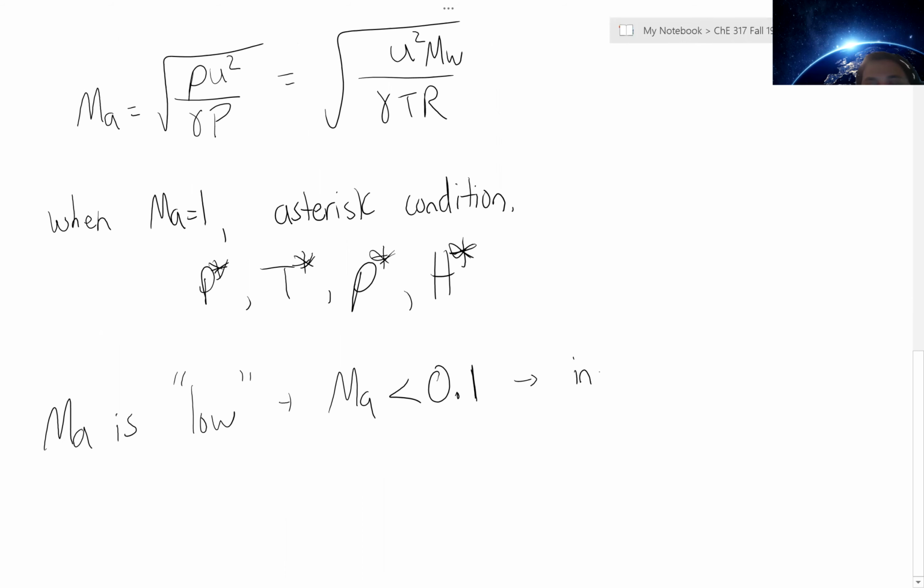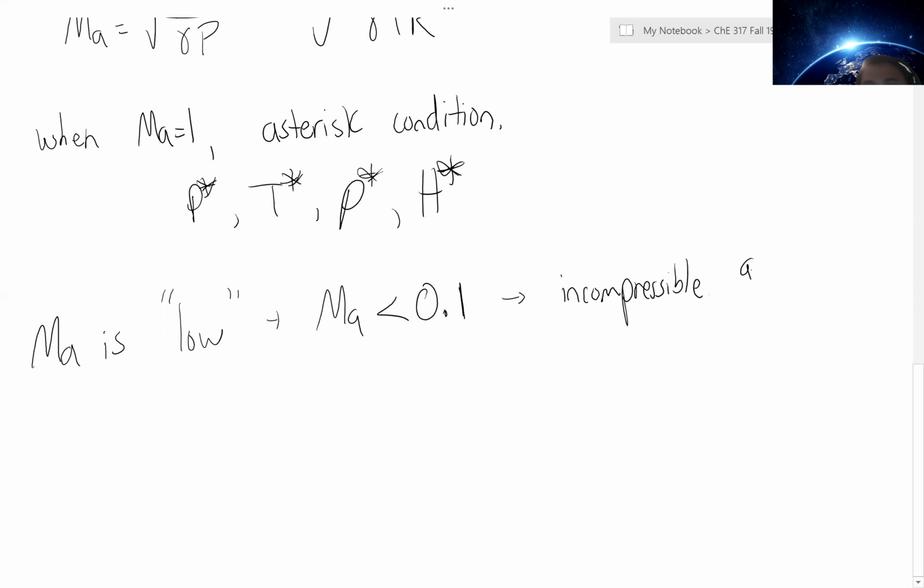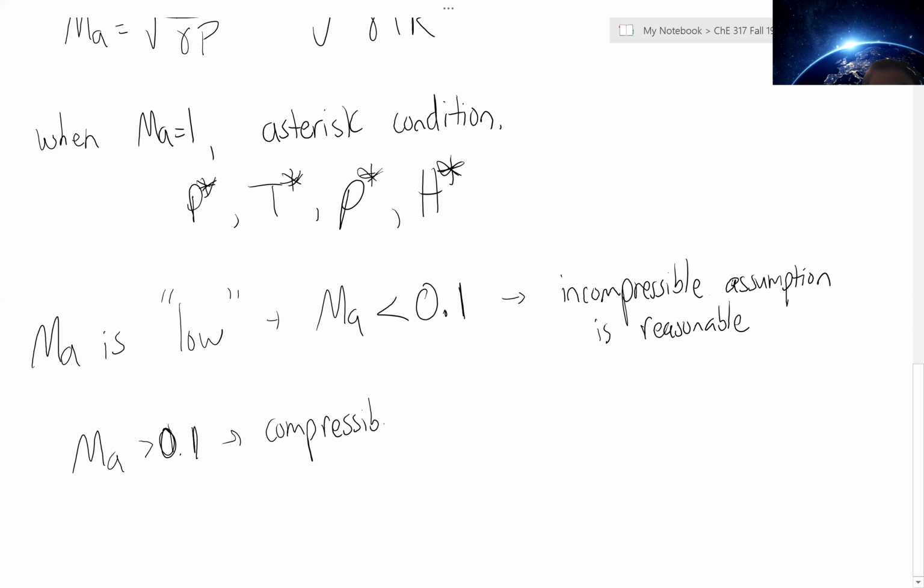You can consider it incompressible, and I would say that assumption is reasonable. But if the Mach number goes above this, then you have to consider the compressible flow expressions.